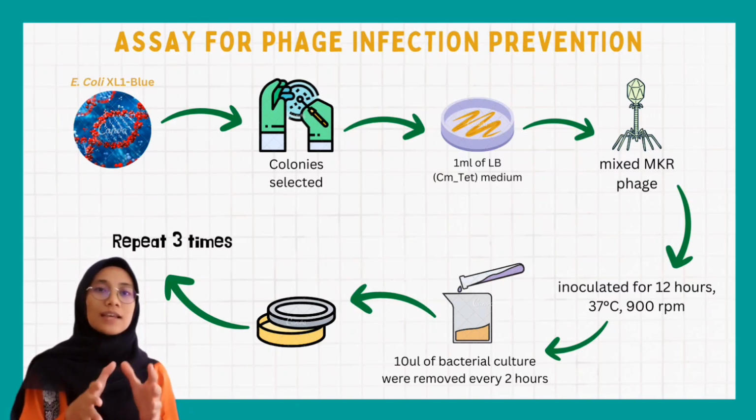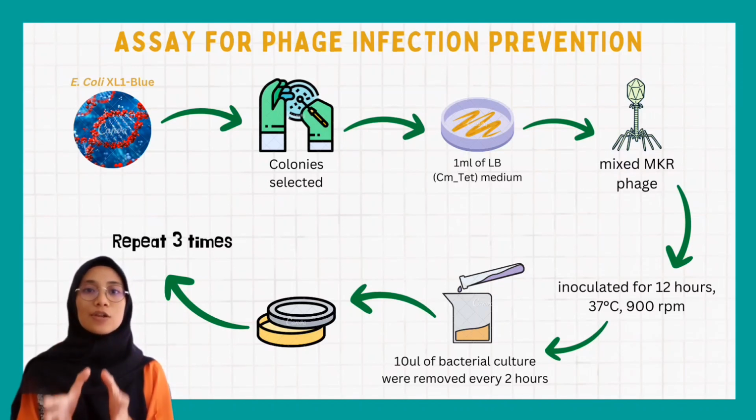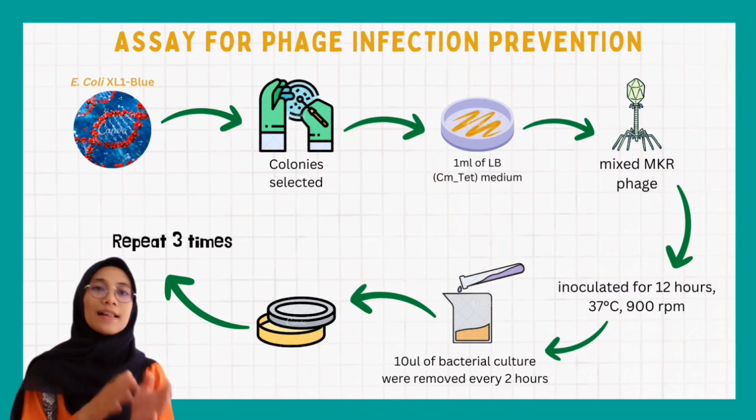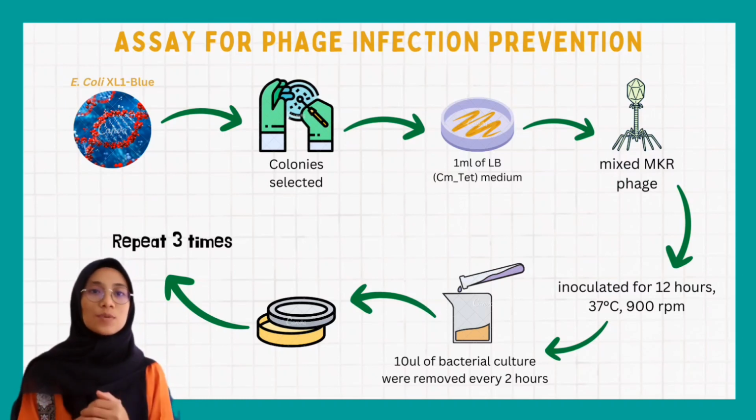After that, 10 microliters of the bacterial culture were removed every 2 hours for the 10-fold dilution assay. This diluted bacterial solution was placed on the LBCM and LB_Kan solid medium and cultured at 37 degrees Celsius. This experiment was repeated 3 times.